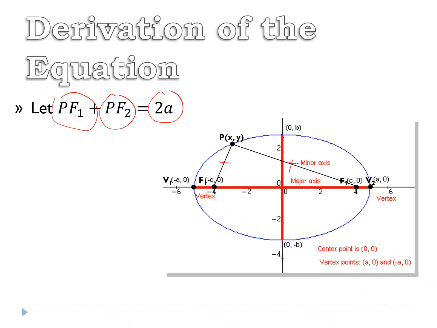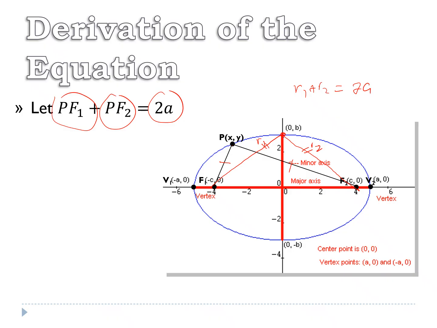So if this point P is put here, what will happen is that this is now our PF1 and this is now our PF2. So when you sum this up with this, for example, this is your R1, this is R2, so R1 plus R2 equals 2a.